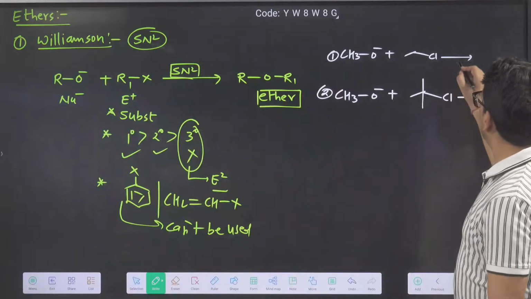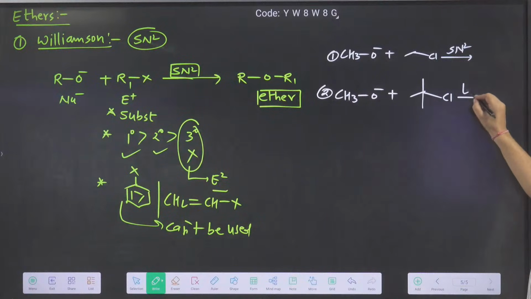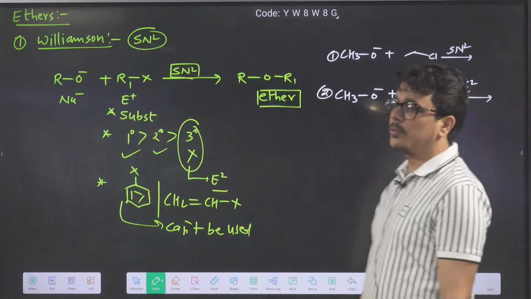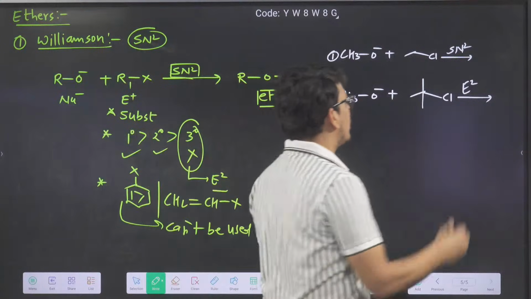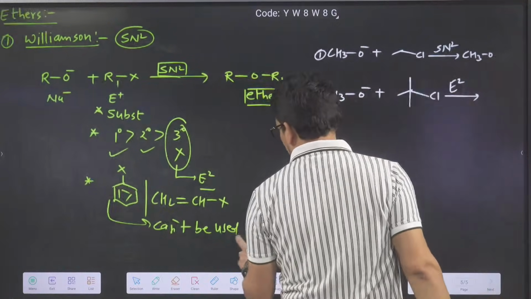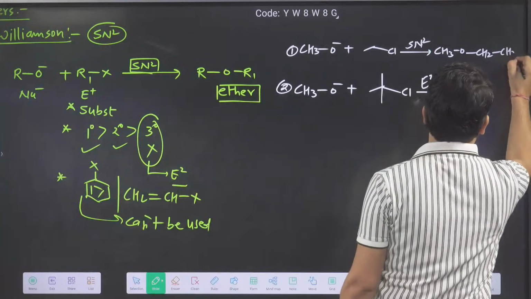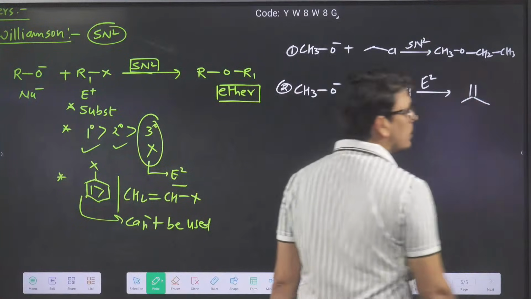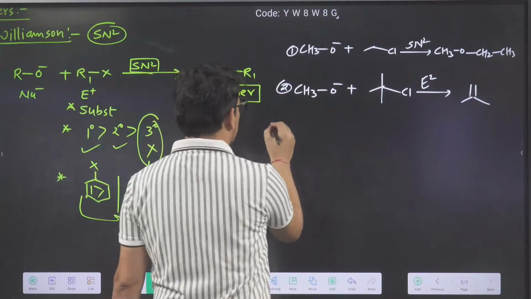First one will be SN2 and the second one will be E2. So in the first case, the product will be CH3O, next CH2, CH3, and here the product will be this one. Clear? Yes or no?